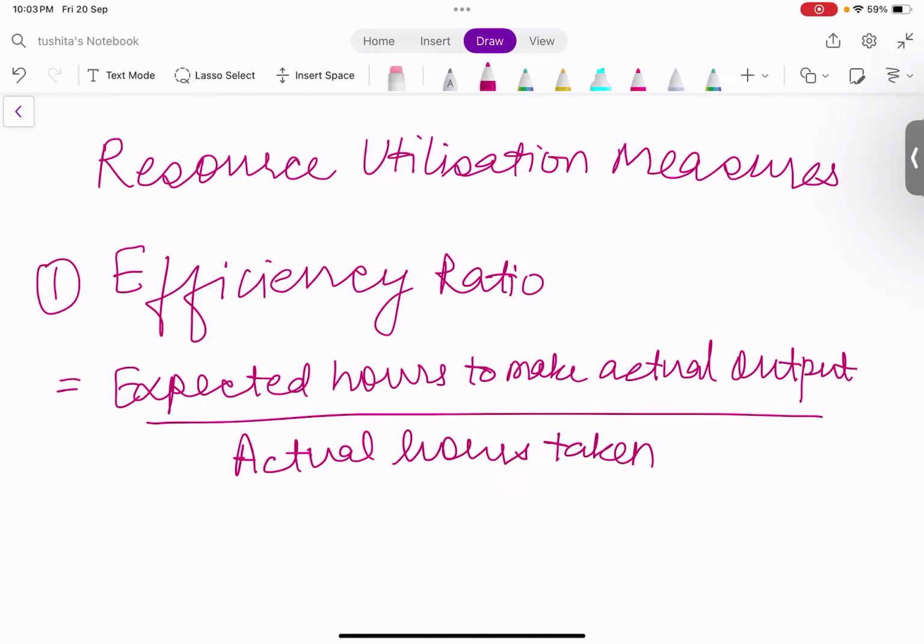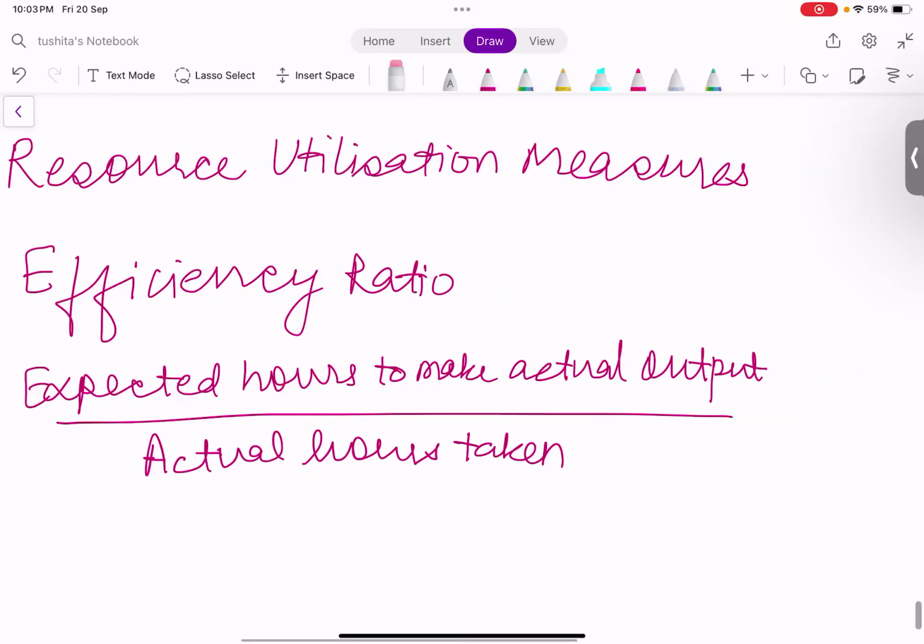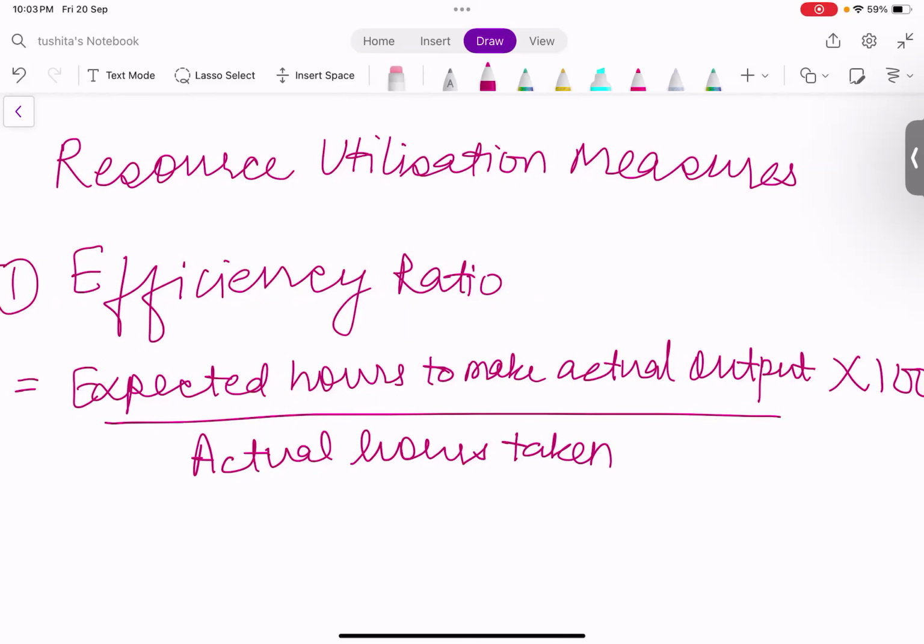And this needs to be multiplied by 100 so that you get an answer in a percentage form every time that you give your answer. So this is the formula that's there for the efficiency ratio.